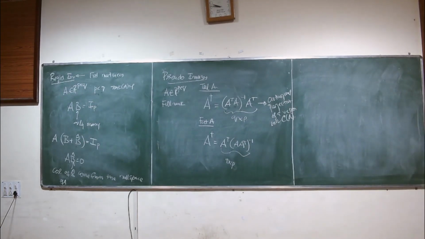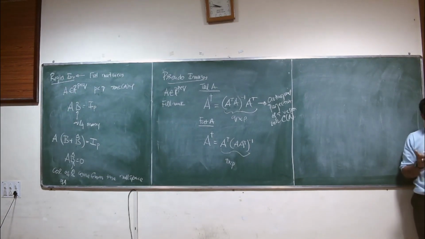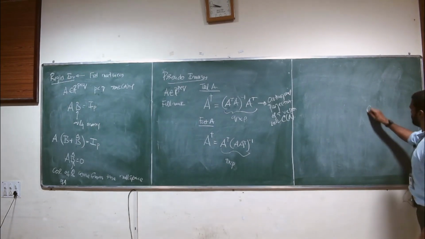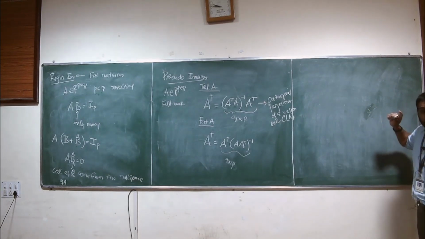Okay. Remember in the last class, to find an orthogonal projection matrix onto a subspace, what did you need? How do we find the projection matrix? Okay, we needed an orthonormal basis, right?